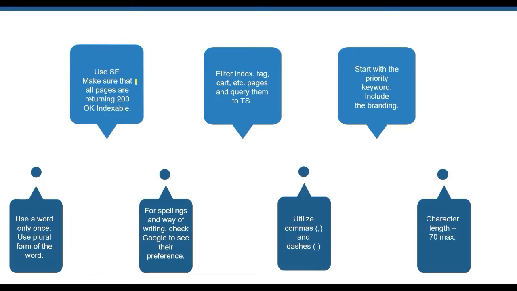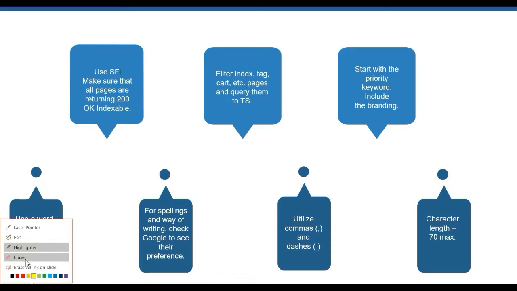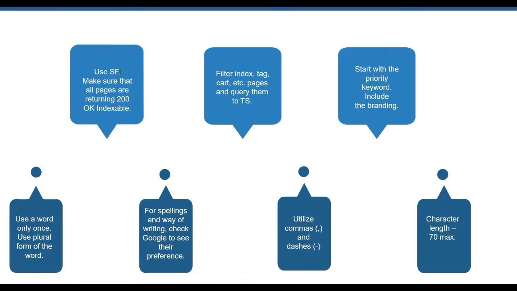The first one, use SF. Okay, in our previous discussion, I talked to you about the SF. SF is the Screaming Frog. That is a software that we use, so we'll be able to know if the pages that we are searching are indexable or not.